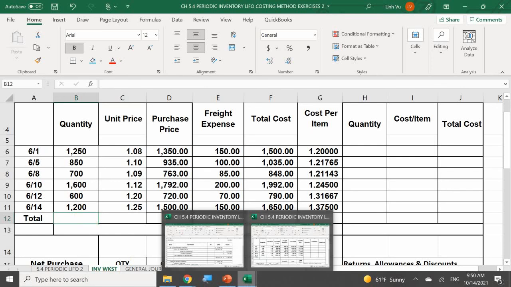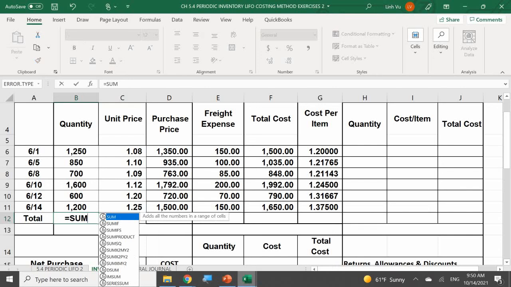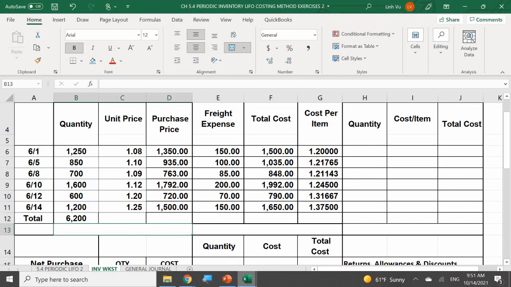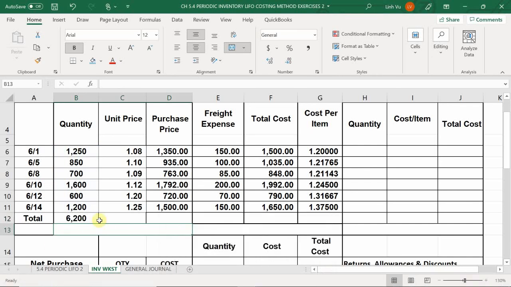So in this case, what was my grand total purchases in quantity? 6,200. Okay, that's how many units I purchased.